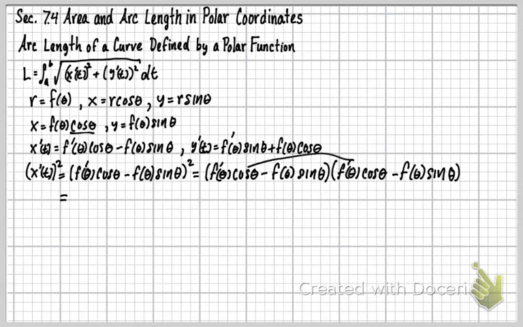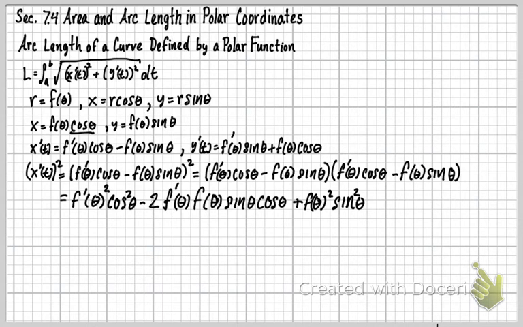I'm going to do the first times the first, the first times the last, the second times the first, and the second times the last. So there's the x prime of t. I just showed all the work for that, the FOIL. And then I'm going to end up with two of them, because of this one here and this one here. So there's my answer for that one now.